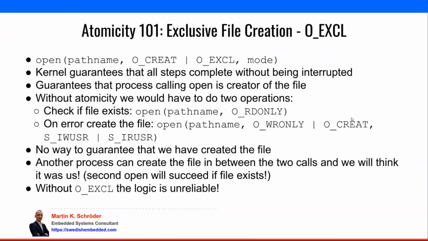If we don't use the exclusive flag, then we can have two instances of the program running, and they won't be able to use the file to check that. So that's why we use exclusive, and that operation guarantees that the check for the existence of the file and the actual creation of the file happen atomically. And if we use that, we can guarantee that our logic is reliable.